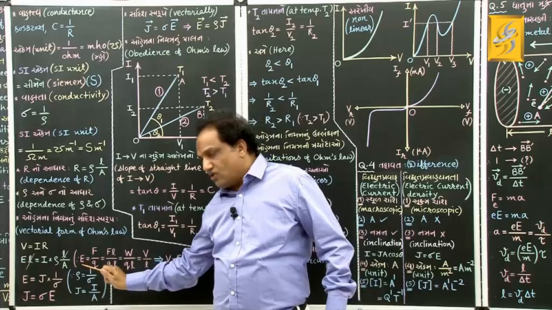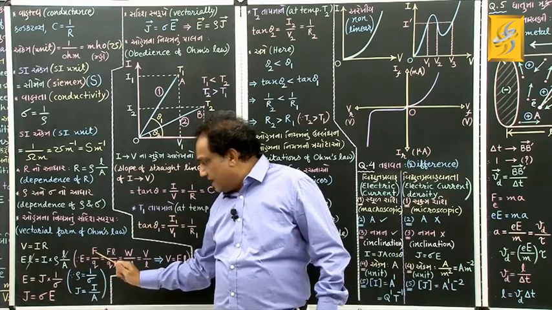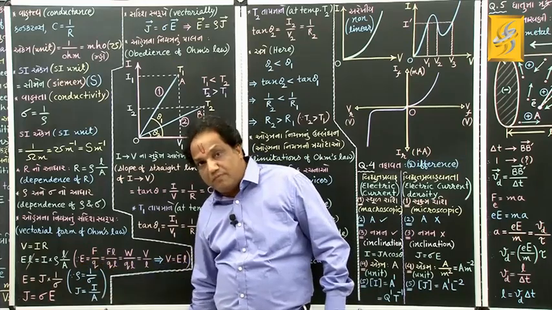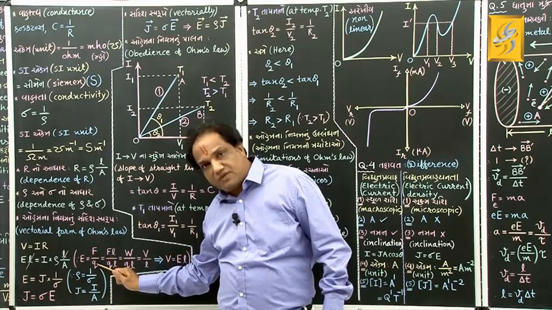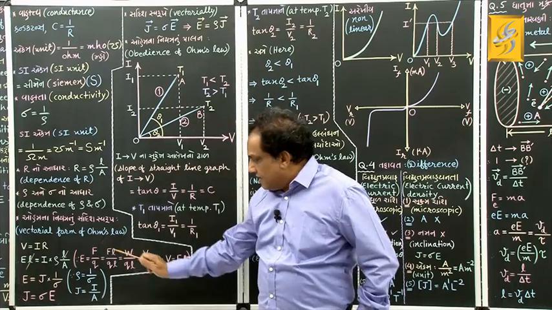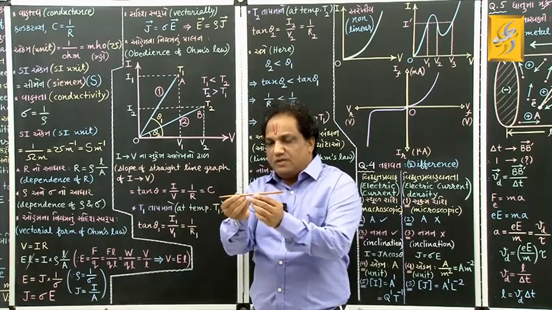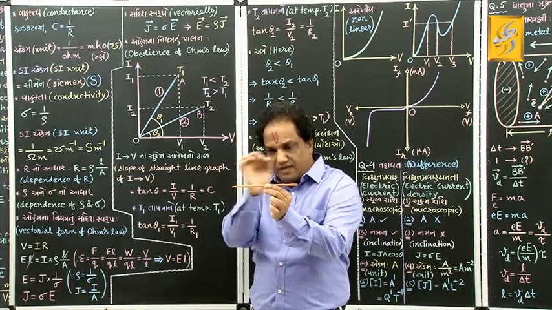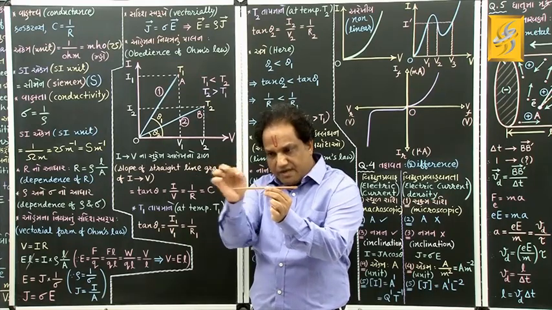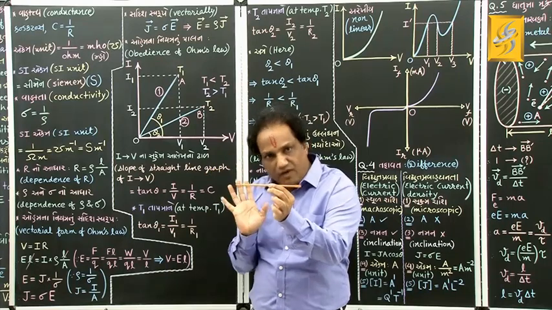You know the basic definition of electric field. What is it? Electric force exerted on a unit positive charge. So it is total electric force divided by total charge. Okay, fine. Now suppose a particular charge simply travels a distance equal to the length of the metallic wire.